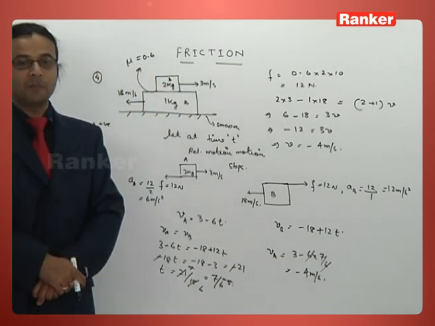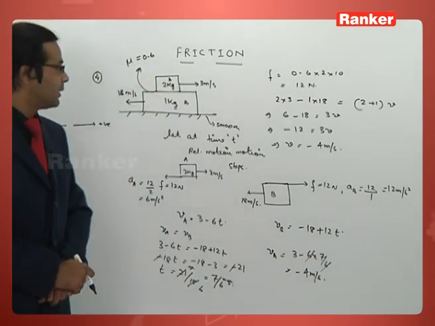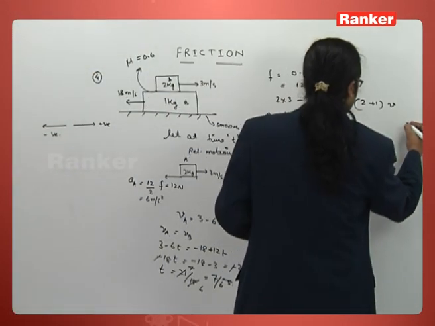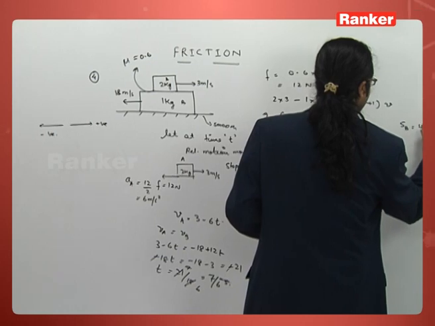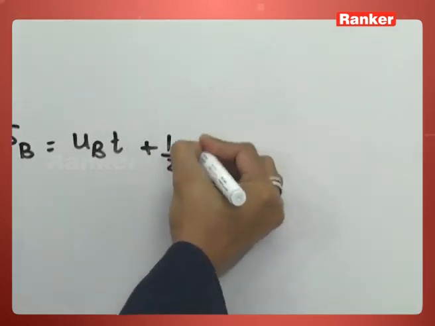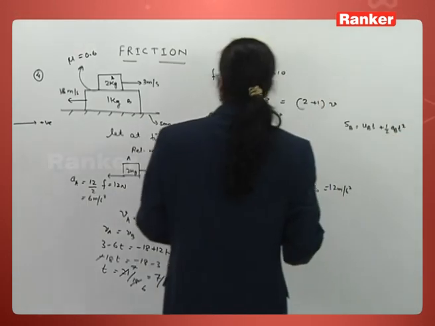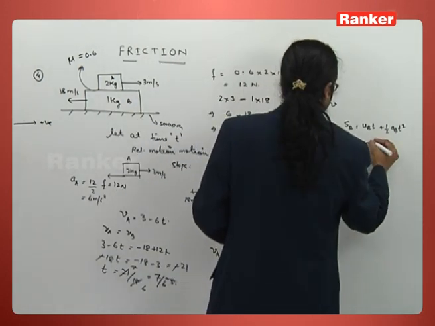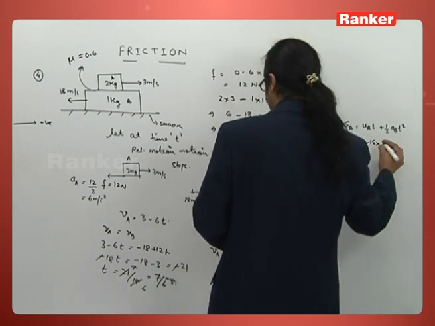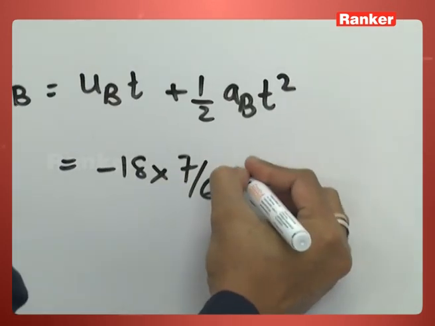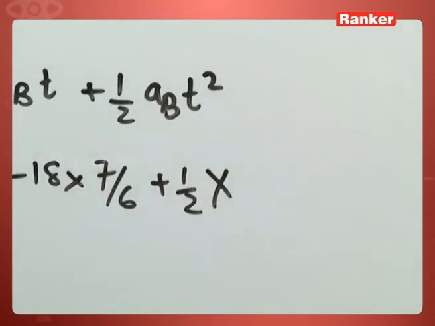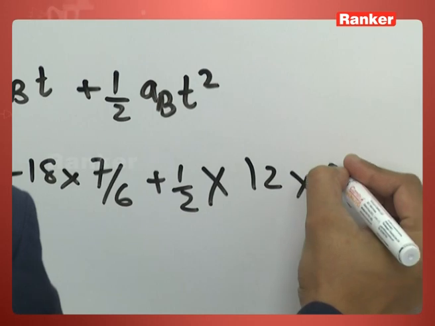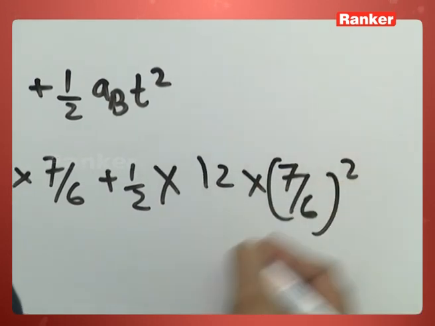And the displacement of the 1 kg block up to that instant I can calculate. S of B is equal to UB into t plus half AB t square. I will take the directions into consideration. So UB is nothing but minus 18 into time, I got 7/6, plus half into AB, I got it as 12, t square is 7/6 whole square.